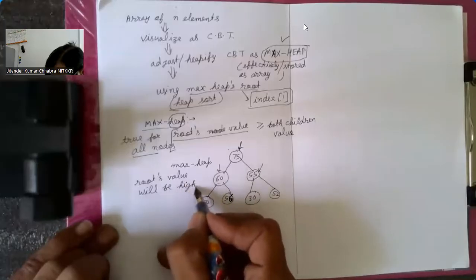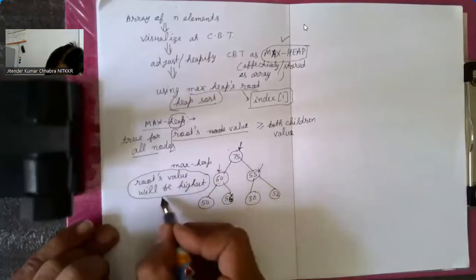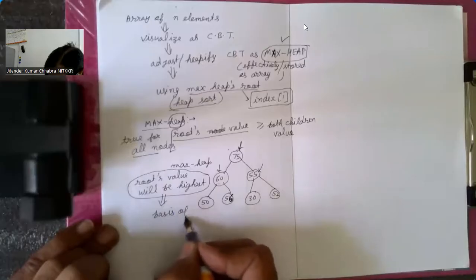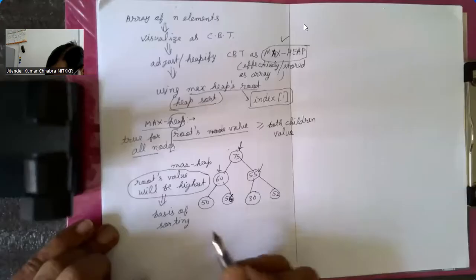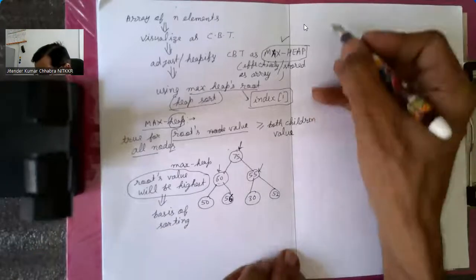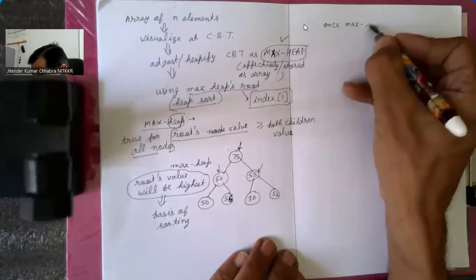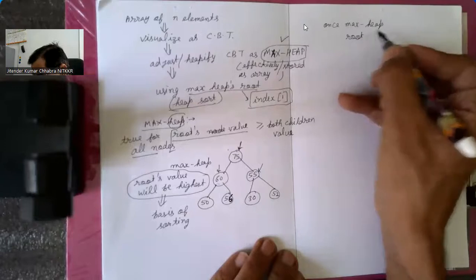So if the root's value is highest, that becomes the basis of sorting. The main step of the sorting will be via this. So once I have a max heap, my root is highest.